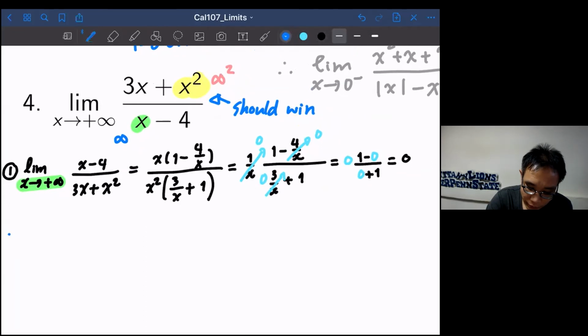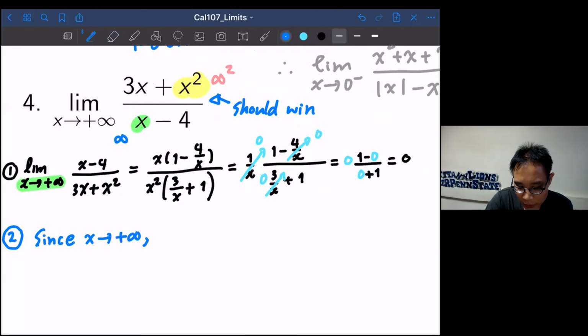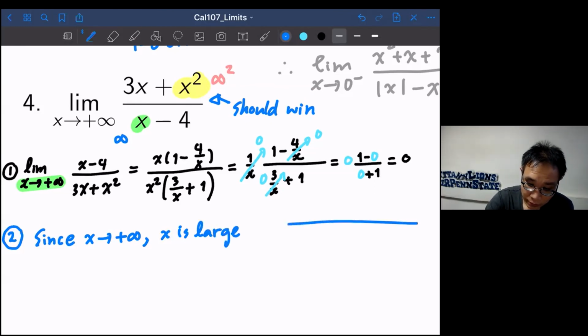The second step will be you determine the sign. So when you have x going to positive infinity, it means x is large, and you're going to draw the line here.